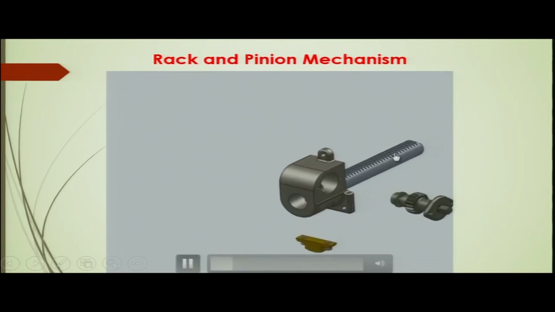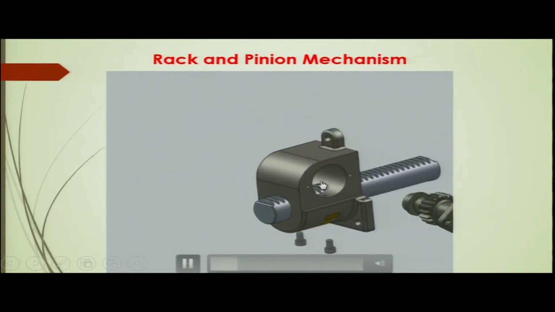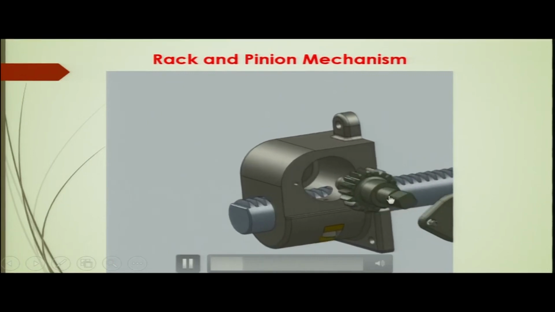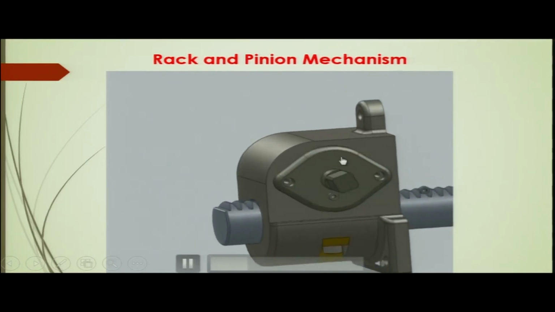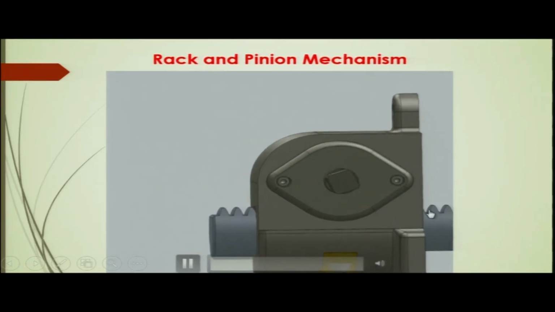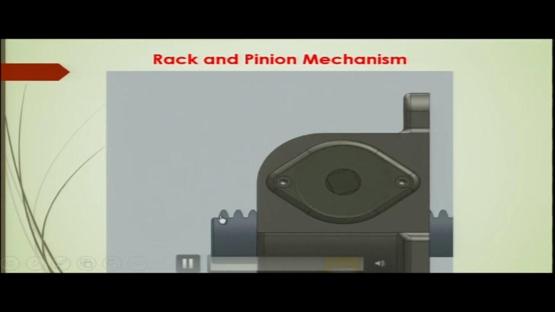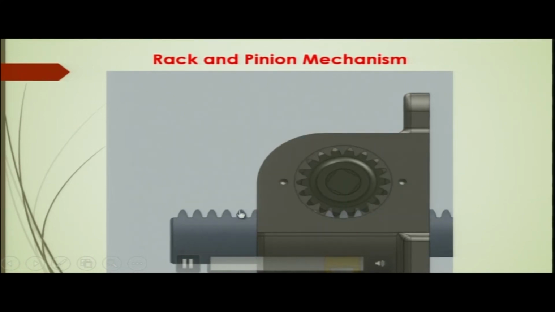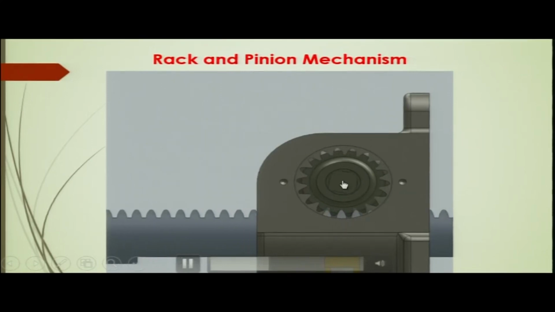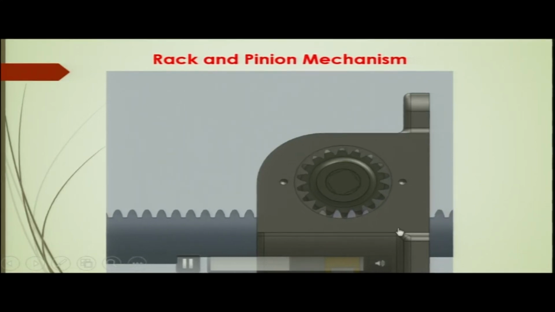This is the rack, and inside that there will be a pinion, this is the pinion. The pinion is rigidly connected through the teeth with the rack, and if this is rotating as an input shaft, then the output shaft on which the rack is cut will be moved.